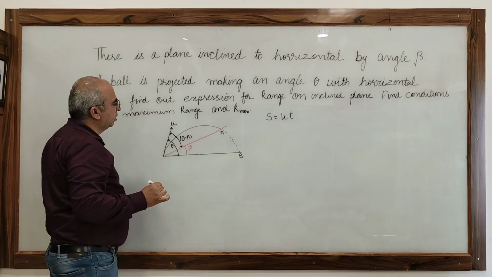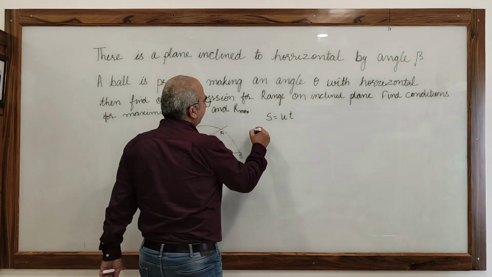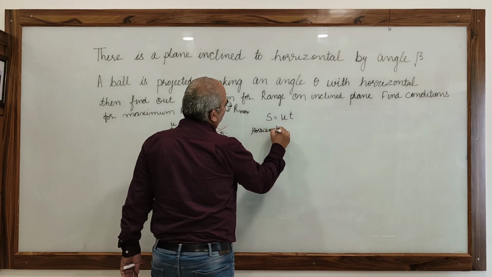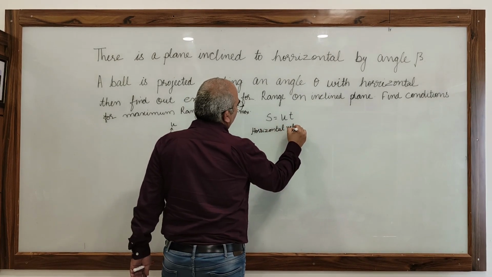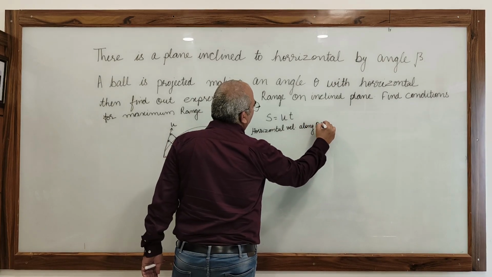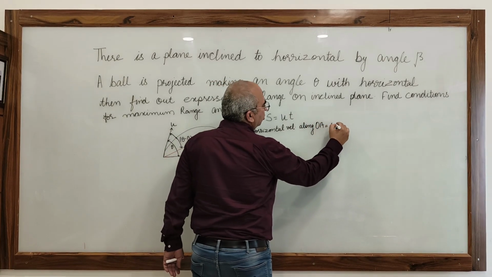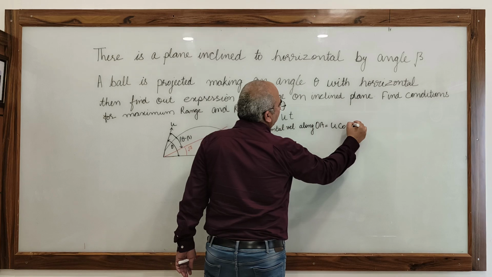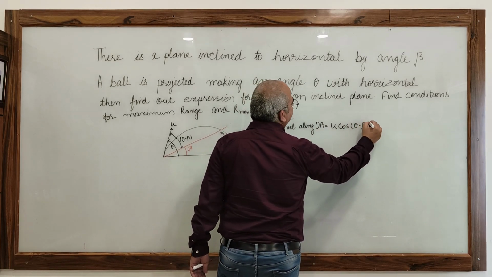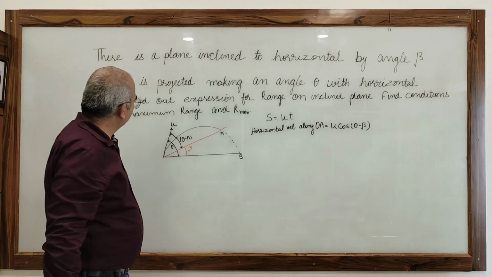So the horizontal velocity, velocity along OA, equals u cos(theta minus beta).